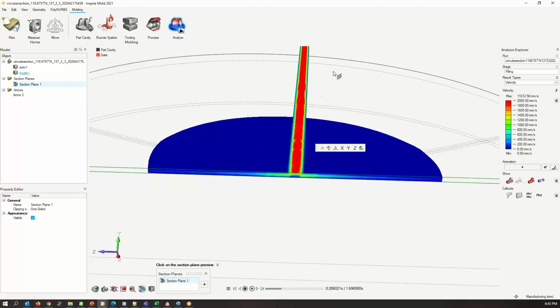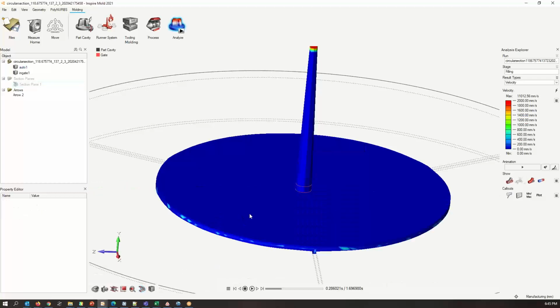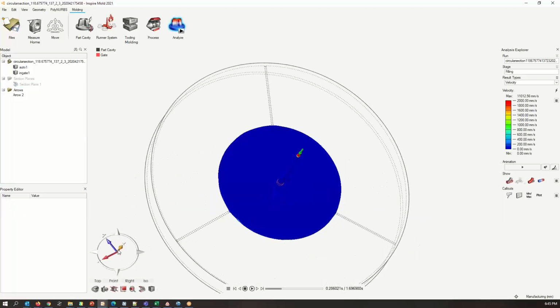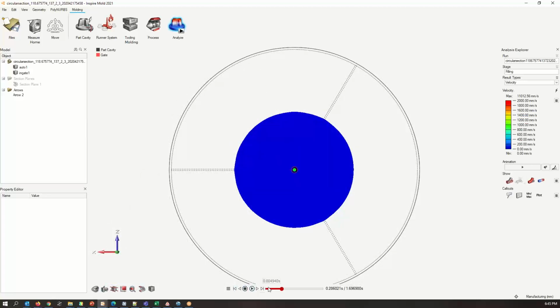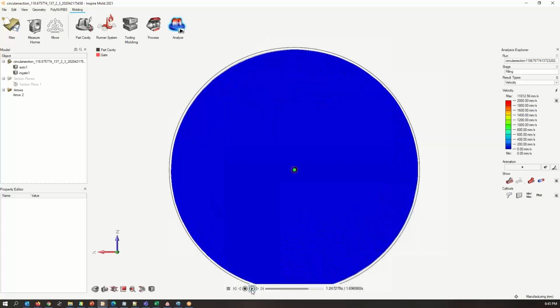And that's why we build pressure the way that we do in injection molding. So if I look at this as an animation, from the top down, we'll back it up and watch it again. You can see how it starts out really fast in here, and then it starts slowing down, slowing down as it gets to the edge.